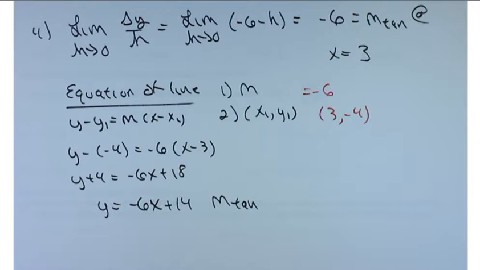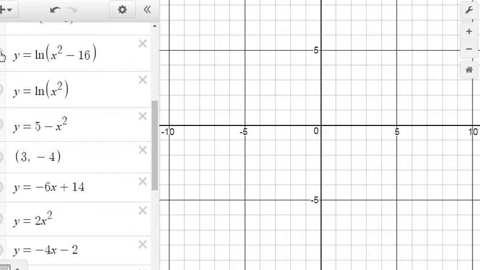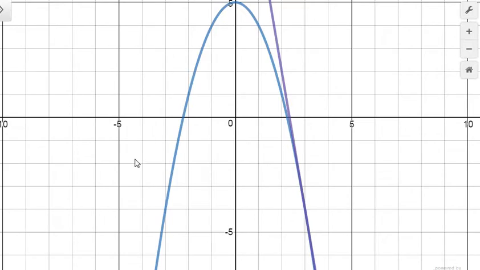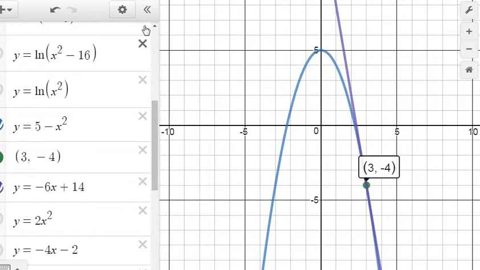Let's see if that happens. Let's check it out. You can check it out on your graphing calculator. I'm going to happen to do it on Desmos, but both of them should work. So here's our function. Here's the equation of our tangent line. In fact, let's add one more thing to it, and let's add that point there.